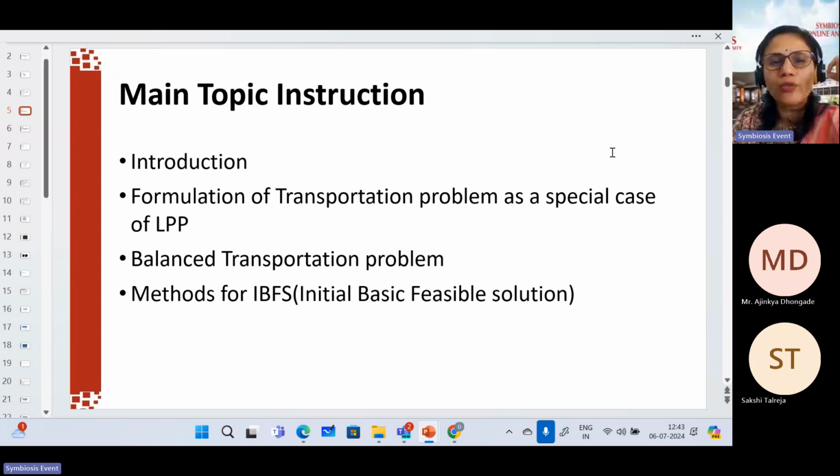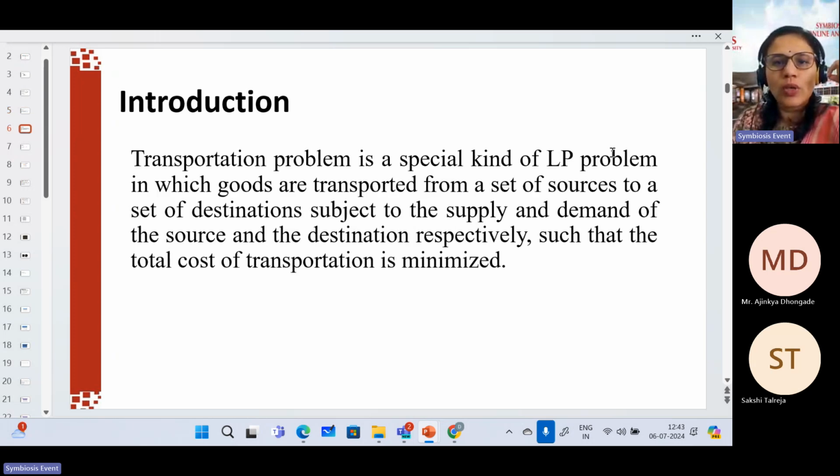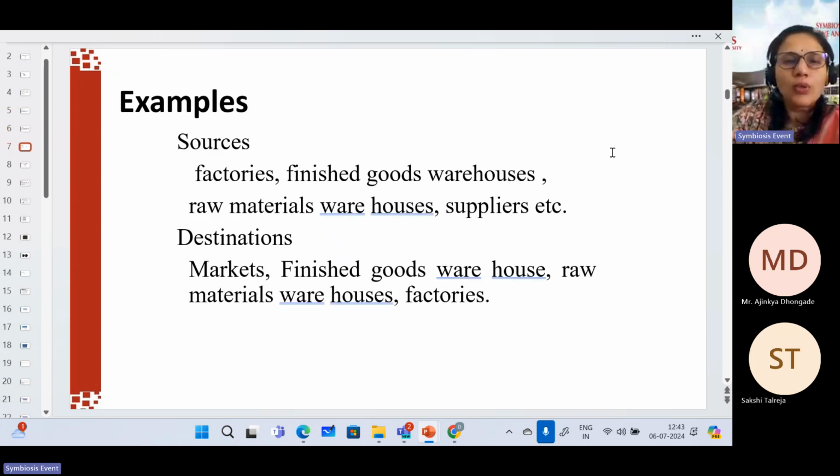In the formulation, you need to understand there are two important words: one is source and the second is destination. Whenever a commodity is transferred from one place to another with some cost, I need to take care that the cost is as minimum as possible, while ensuring that the supply units available at the source and the demand at the destination are satisfied.